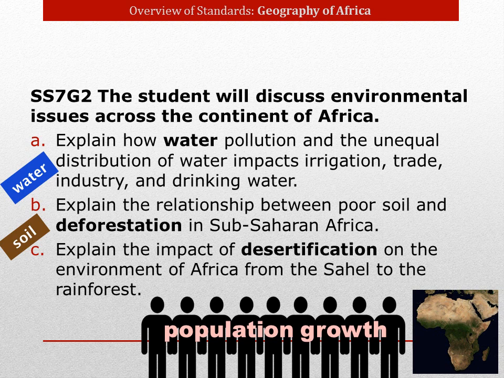Now in element B, looking at deforestation. Explain the relationship between poor soil and deforestation in sub-Saharan Africa. Now we know that soil is real important for them to grow food. And if you have an area where the soil is not good enough, doesn't have enough nutrients to support agriculture, very often what will happen is people will cut down trees, a thing called slash and burn agriculture.